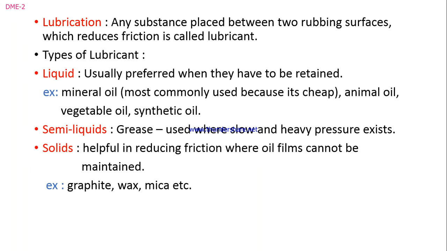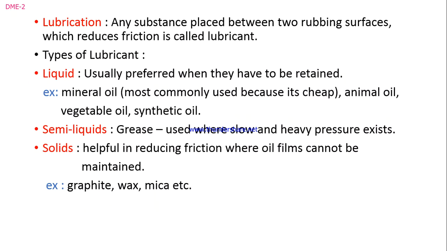The second line is the types of lubricant. As I already said, the first one is liquid. Generally liquid lubricants are used in mechanical engineering applications. They are usually preferred when the lubricant has to be retained at the same place.